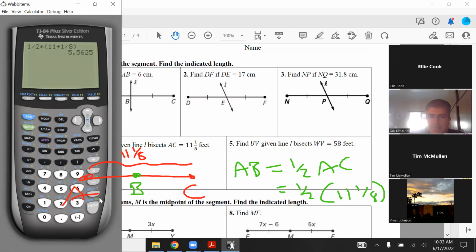And you get that. You can leave it as a decimal, it's totally fine. If you want to convert that to a fraction, there's a feature in the graphing calculator. If you go to math and then frac, it converts that to a fraction for you. So it's 5 and 9/16. So use a calculator to do that computation.